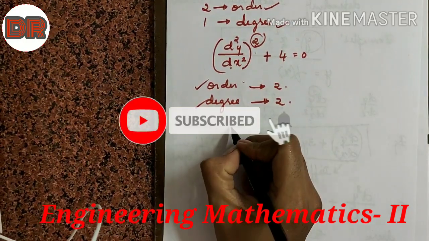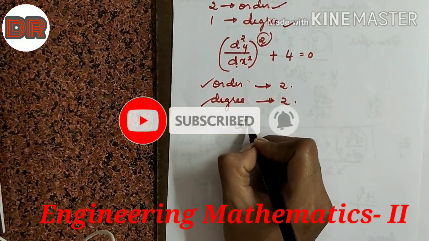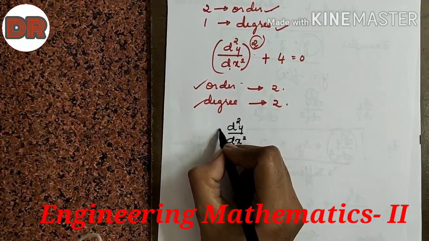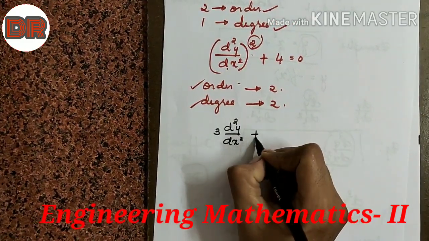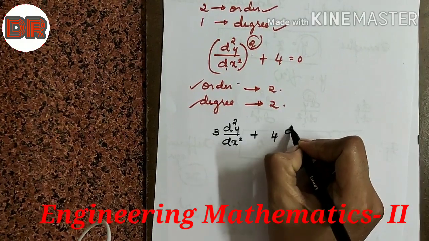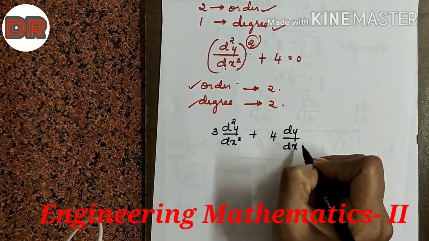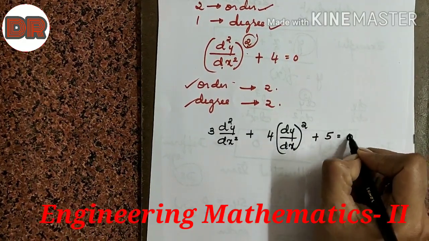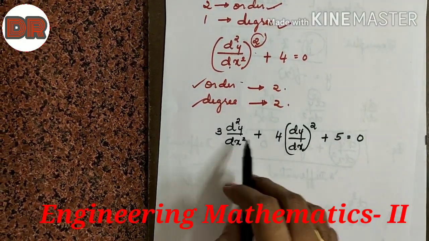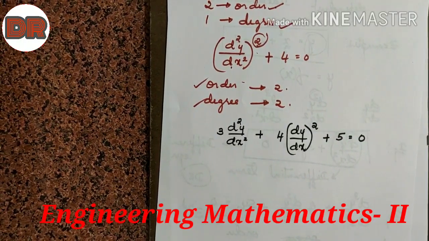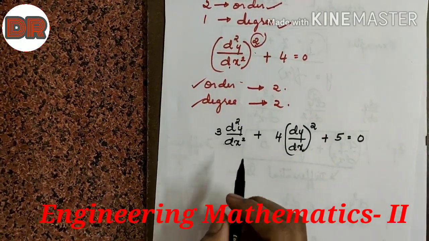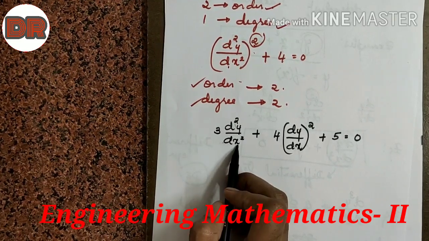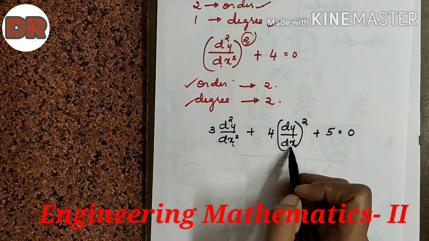Let me write one more differential equation. Say you have 3 d square y by dx square, let me take coefficients also, plus 4 dy by dx whole square plus 5 is equal to 0. This is a differential equation because it has differential terms. And we have two differential terms. So this is y differentiated twice with respect to x, and we have dy by dx.